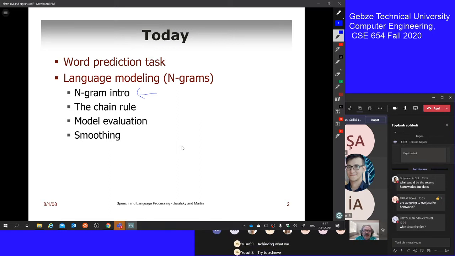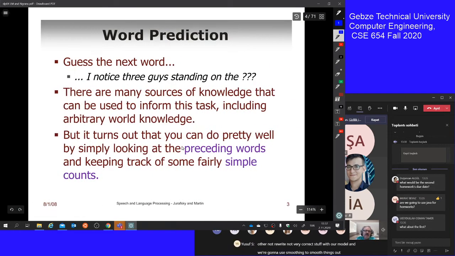After that, we are going to see some other not very correct stuff with our model, and we are going to use smoothing to smooth things out. Okay, so just to preview what we did last time.